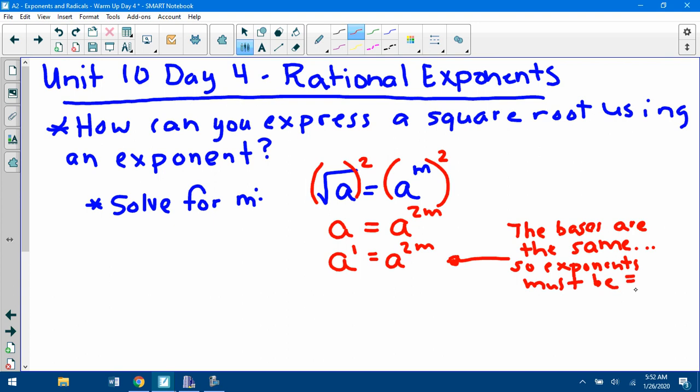If you have a number raised to a power and that same number raised to a different power, the only way that's true, because the bases are the same number, is if the exponents are also the same. So we can drop the a's and say 1 has to equal 2m. That means m is 1/2 if I divide both sides by 2.